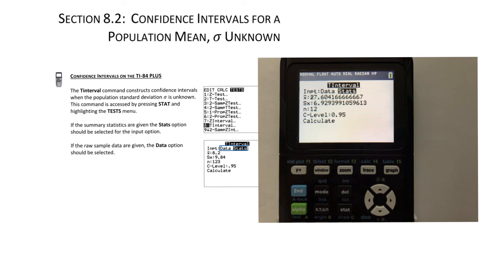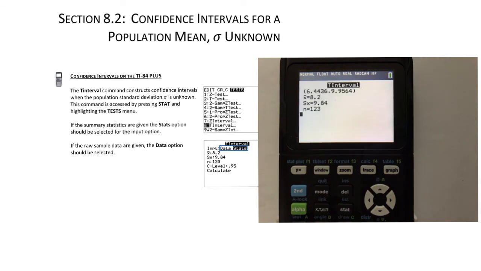So x bar is 8.2 in our previous example, s is 9.84, n is 123, and the confidence level is 95%, so 0.95.